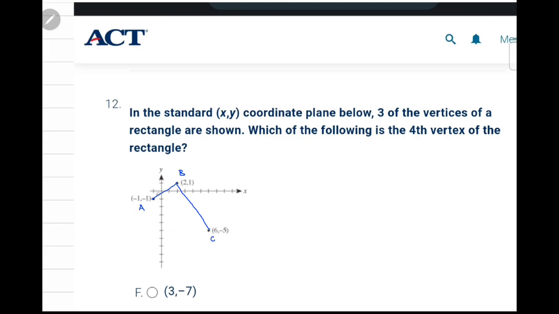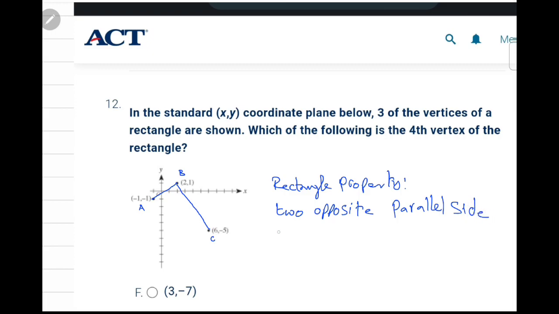And as you know, the properties of a rectangle: they have two opposite parallel sides, this is one key, and also the two opposite sides are equal in distance.